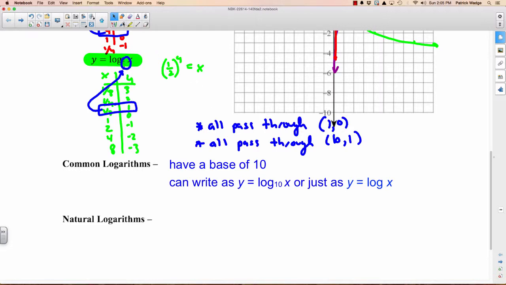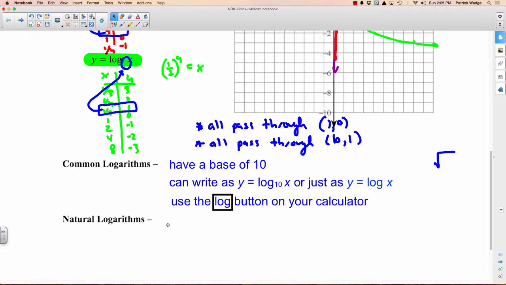It's kind of like when you write the square root sign: if you put no number there, it means there's actually a little 2 there, but you don't have to write it. Well, same here. If you have no base at all, then we take it to mean it's base 10. If you're going to use your calculator for a common logarithm, you just use the log button.